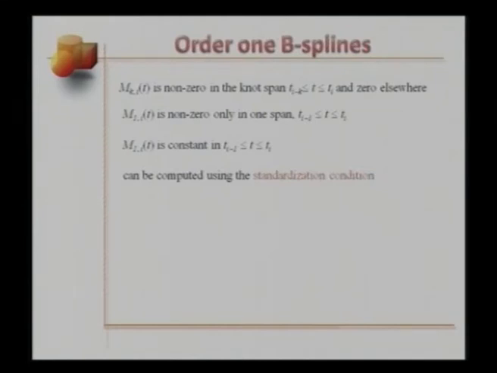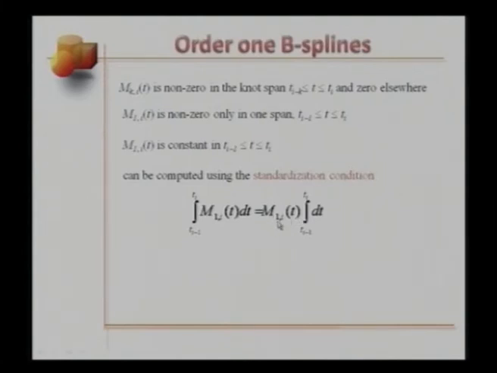Well, we have seen this standardization condition before, and we can use that to compute M1 I. The integral going from t I minus 1 to t I of M1 I, a function of t, dt, should be equal to 1 over 1. Since M1 I is a constant, we can take this thing outside the integral sign.